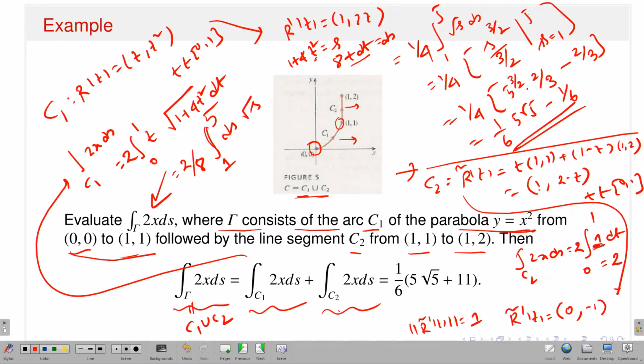So, 2 times the integral from 0 to 1 of dt, that means this one will give you t, then 1, then 2. So, what is the value? If I add it, you will have 1 by 6 times 5 root 5 minus 1 by 6 plus 2.